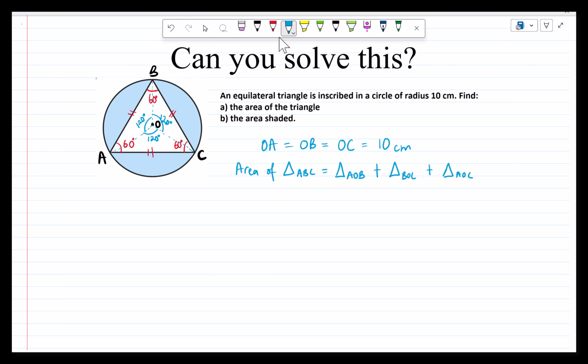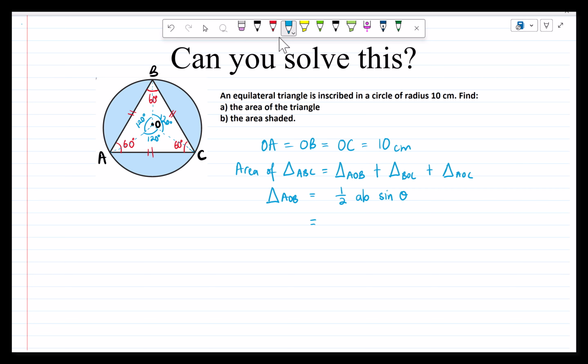Since these triangles are the same, we're just going to find the area of one triangle and then multiply it by 3, since there are 3 triangles. Taking the area of triangle AOB, which is equal to half AB sine theta.